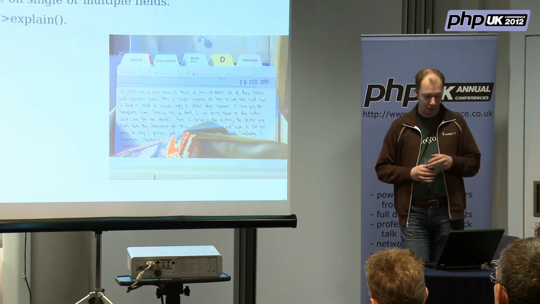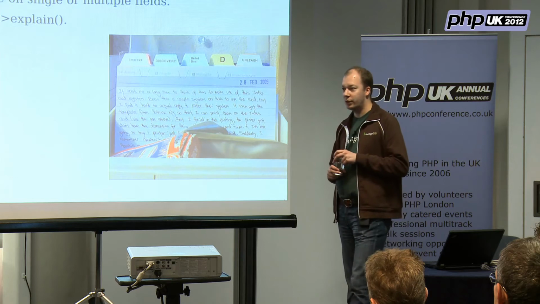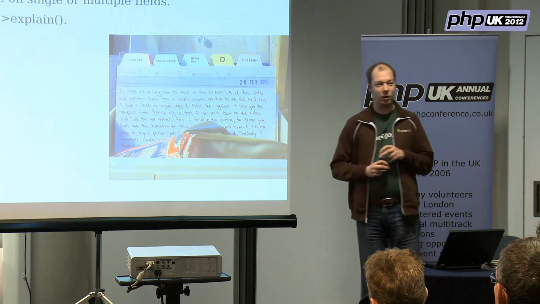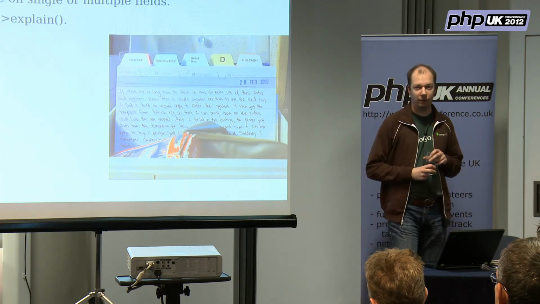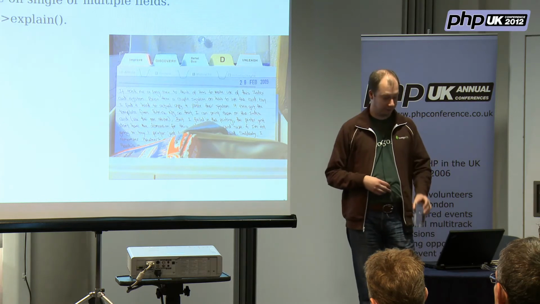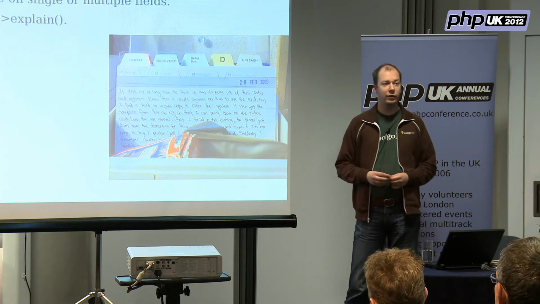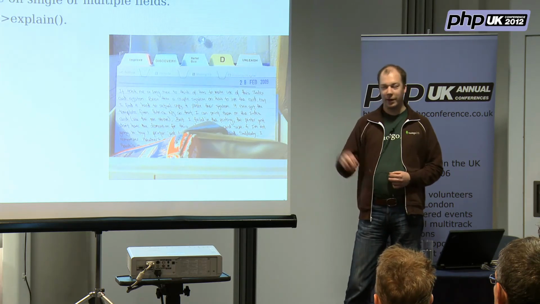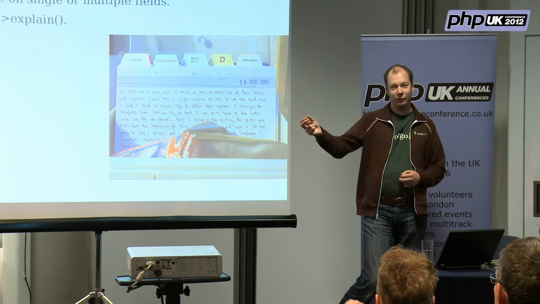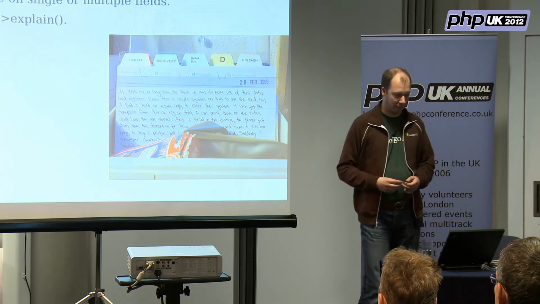Then we get to something like indexes. Just like a relational database, MongoDB requires indexes to be fast, or at least faster. By default, there's always going to be an index on the ID field to make sure that an ID field lookup is fast.